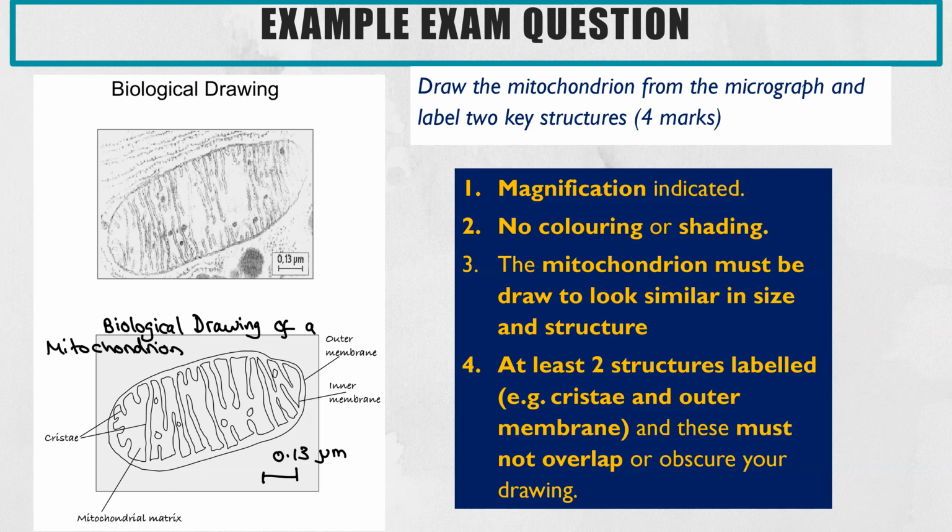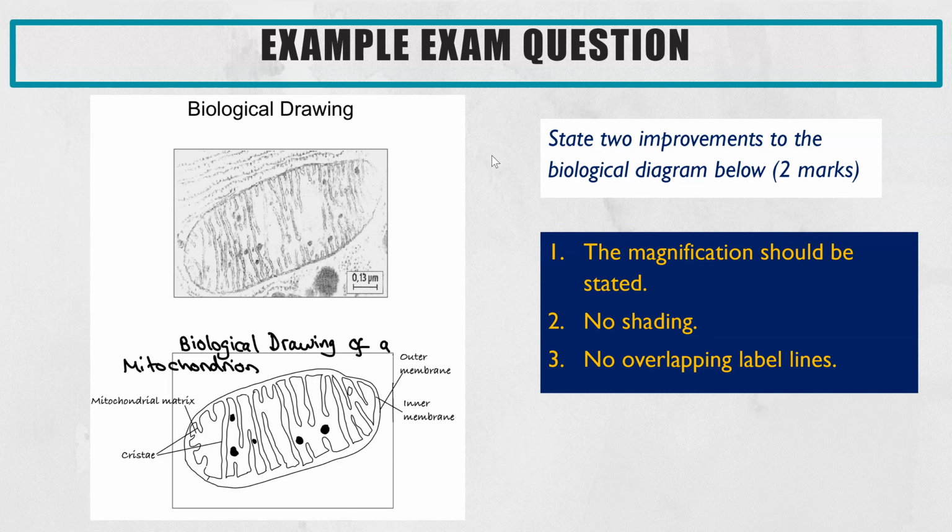You have to do the drawing. Alternatively, you could be given the drawing and the original micrograph, and you are then asked to suggest 2 improvements to that biological diagram. So for example, we've got almost the same diagram, but this time we can see the label lines do overlap in multiple places.